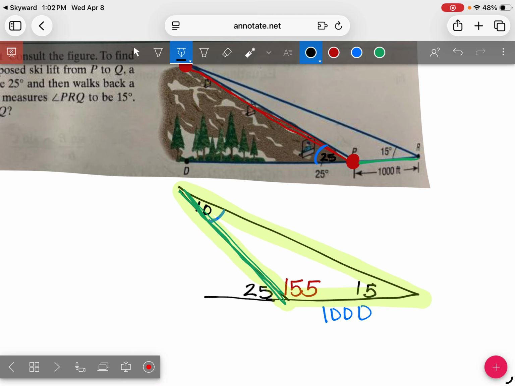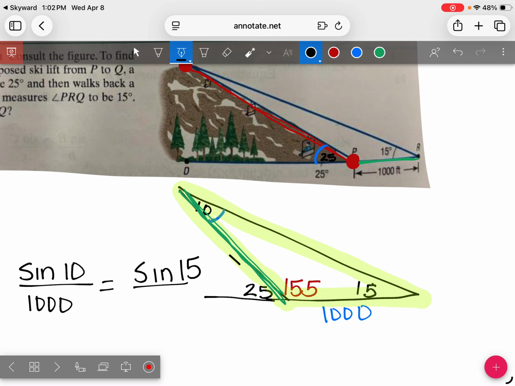It's going to be the sine of 10 degrees over 1,000 equals, what is the angle opposite of that green line? 15. So that's going to equal the sine of 15 over x, and I'm just going to call this x.